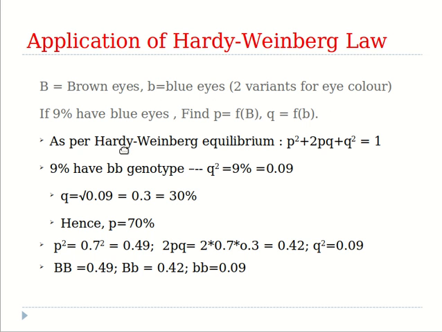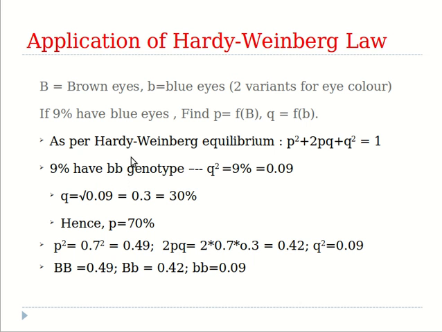We can also find all these. So we have already seen the Hardy Weinberg equilibrium: p square plus 2pq plus q square is equal to 1, where p is the dominant allele frequency and q is the recessive allele frequency. Now we have mentioned 9% have blue eyes, that is the recessive genotype. Recessive genotype will be small b, right?